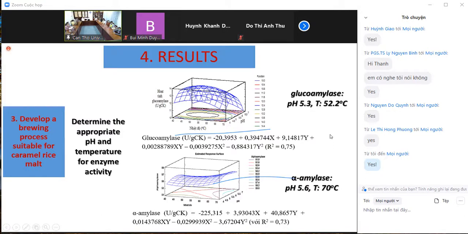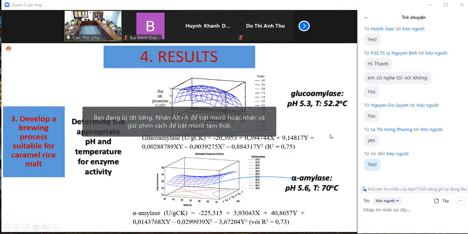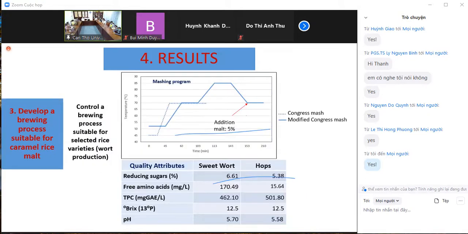There are some differences in gelatinization of starch from rye malt and barley. So the Congress mash program is not suitable for rye malt in Vietnam or in our study. So we can modify the Congress mash.